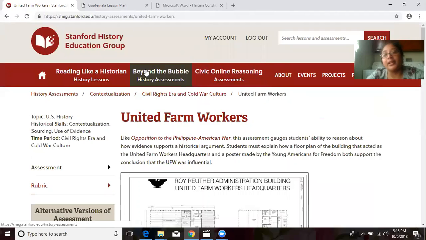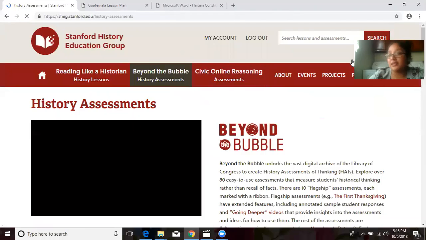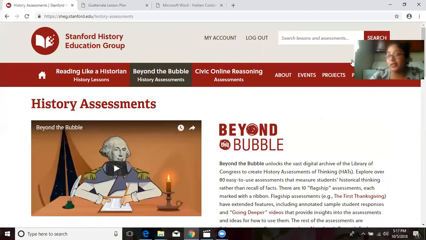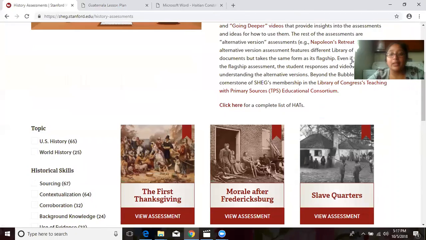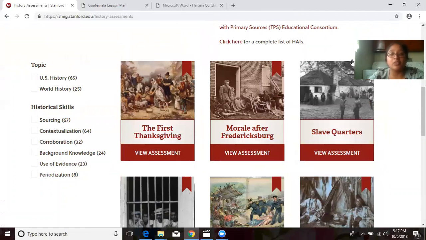And like I mentioned, a lot of its lessons and assessments incorporate historical thinking skills. Here are the thinking skills: sourcing, contextualization, corroboration, background knowledge, use of evidence, and periodization. There's more.